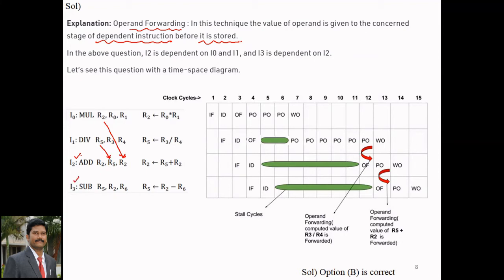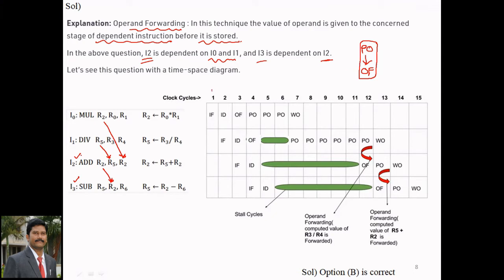And I3 is also dependent, the result R2 will be taken from I2. So I2 is dependent upon these 2 instructions, and I3 is dependent upon I2. Here with operand forwarding, after the completion of the PO stage, the operand fetch will be taken. This is the operand forward as before.